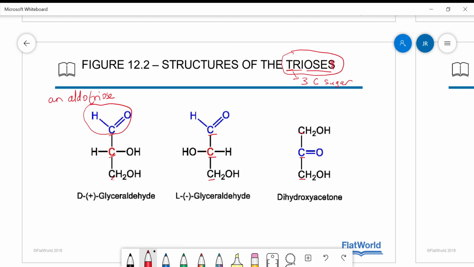Specifically, it's a triose based on an aldehyde structure. Likewise, this is an aldehyde, so we've got another aldotriose. And here we have a ketone. The carbonyl here is sandwiched between 2 identical R groups. So this is a ketotriose.